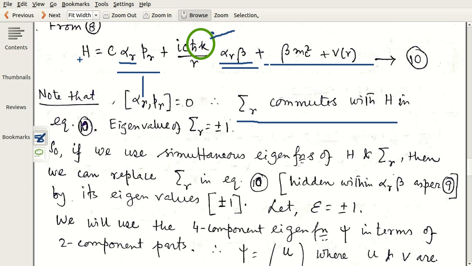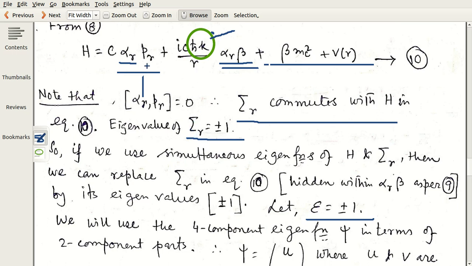Now we use the eigenvalues of sigma r. As sigma r is composed of Pauli spin matrices, just by operating twice, sigma r squared will give you 1, and the eigenvalues will come out to be plus minus 1. So we name that epsilon equal to plus minus 1.